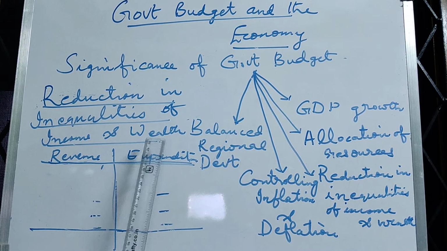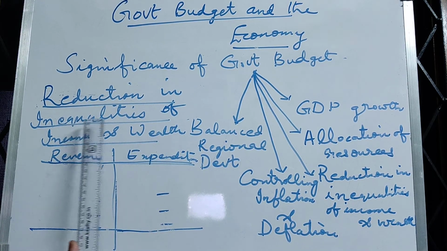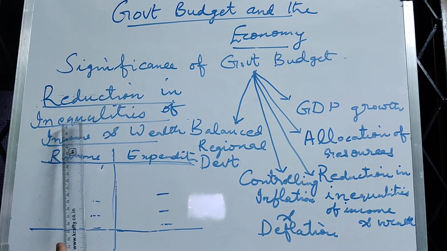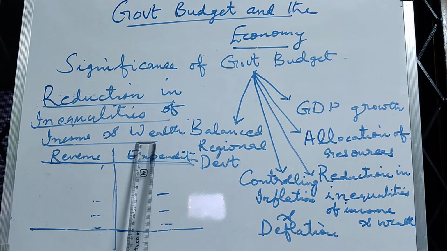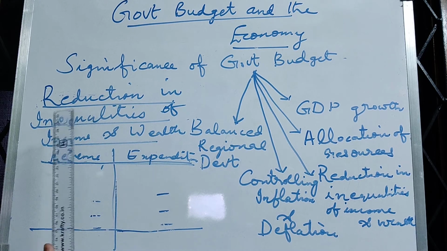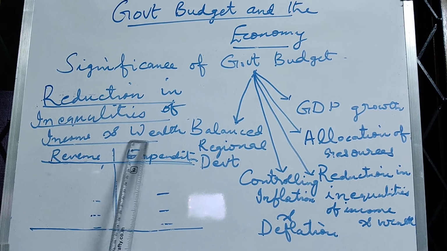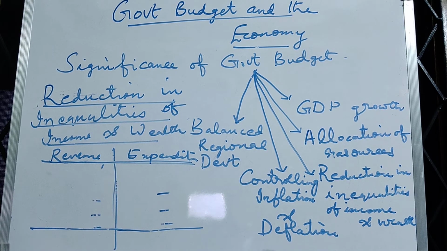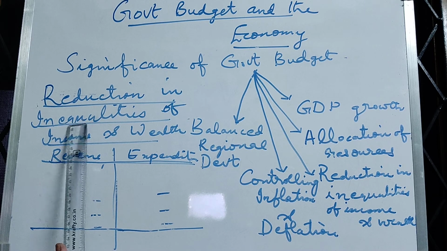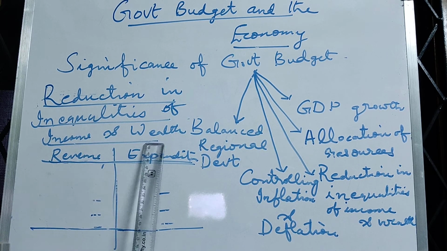The income and wealth are not equal. It means that income and wealth are not equally distributed in the economy. That's the meaning of inequalities of income and wealth.